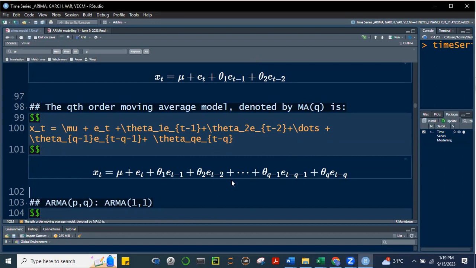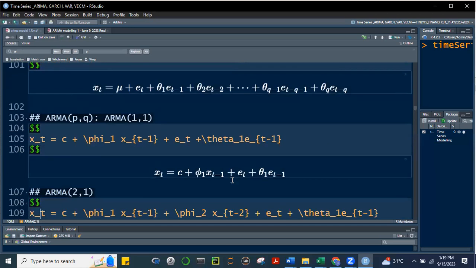All right. Now, if you combine both, say you have an AR process and an MA process, you call it an ARMA 1-1. How will the equation look like? Well, this is your P component, right? ARMA P, Q. The 1 refers to your P. That's the lag of AR. And the Q is also equal to 1. That's the lag of MA.